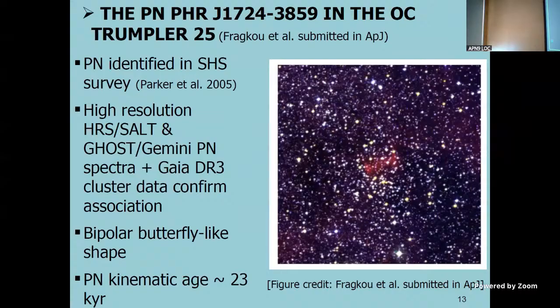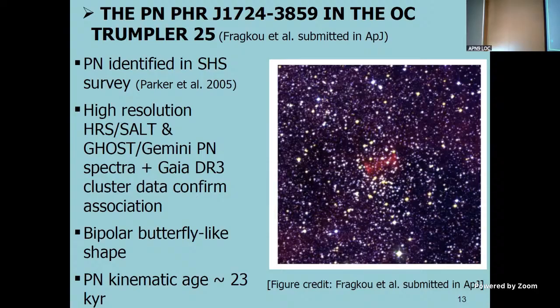And then here is the latest detection, the latest discovery, the latest confirmation, and it's the planetary nebula PHR 1724-3859, a member of the open cluster Stronghold 25. The planetary nebula has been identified through the SHS survey.